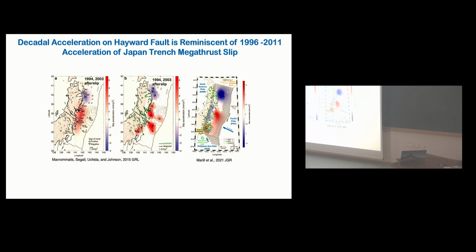And this is from a more recent paper by colleagues that found very comparable results, after having reprocessed very carefully the GPS data. So this is really a very solid observation.